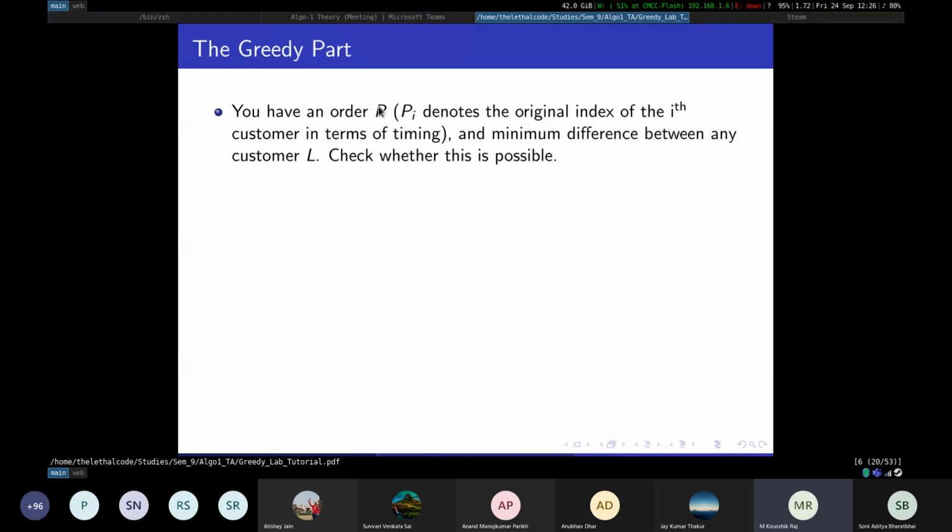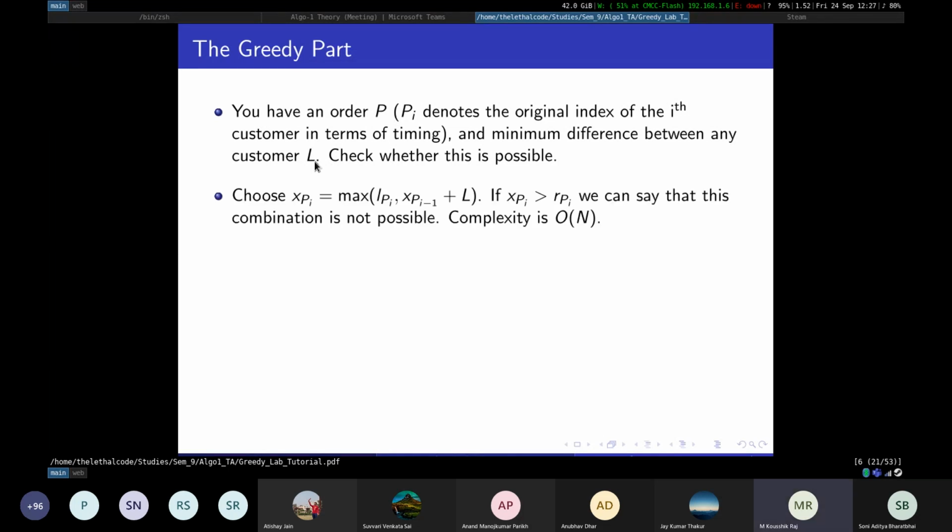It's a permutation of 1 to n, and you are given the minimum difference L between any customers, since the optimal solution is L. Now we have to see whether timings can be allotted to customers such that they follow this ordering and this minimum difference.